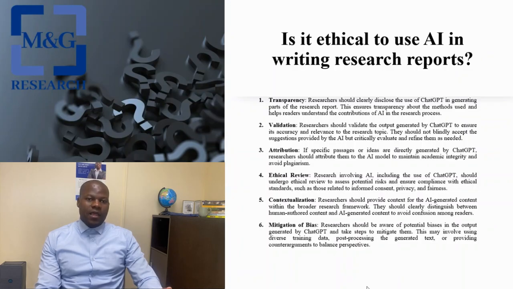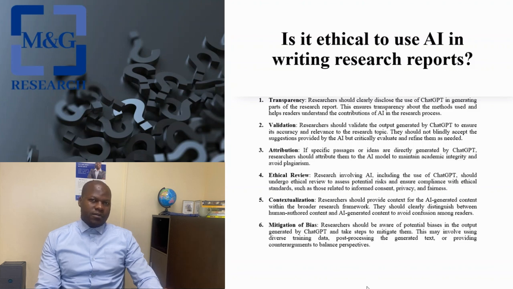Secondly, researchers need to ensure that they validate the content that they generate from AI tools. Thirdly, attribution. You need to make sure that you validate the output generated on ChatGPT. Ensure that it is accurate and relevant to the research topic.